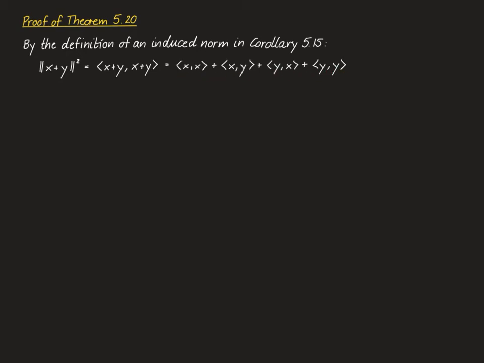And now we observe that this inner product and this inner product are both 0 because x and y are orthogonal. And this first inner product equals the norm of x squared, and this inner product equals the norm of y squared. So we're done with our proof.